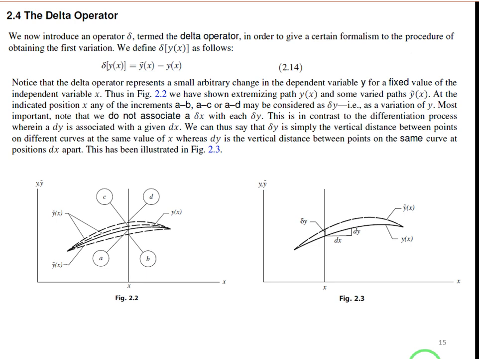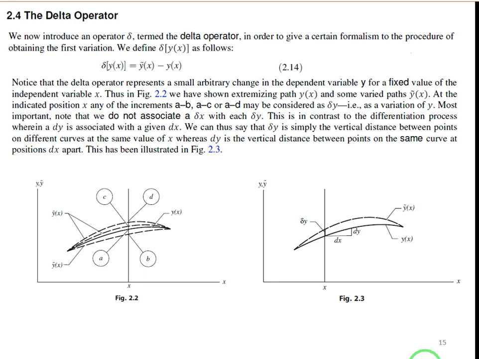We define a variation of the function, and using the first variation of the functional, we can find the differential equations of the system to extremize a functional problem. Let's start our problem.